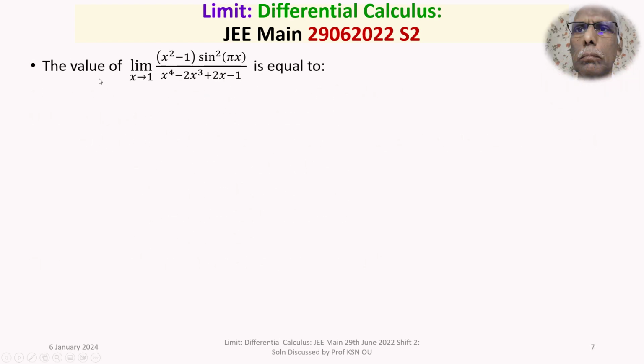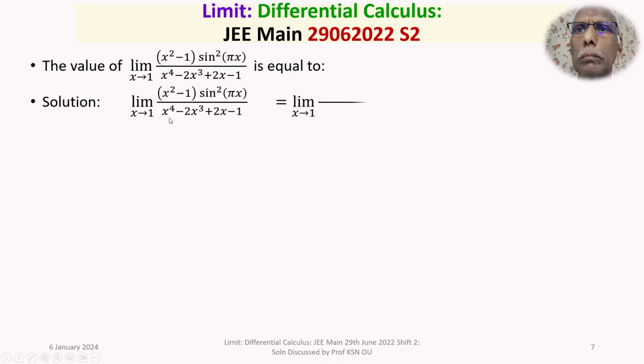We want to find the value of the limit of this function, which is equal to the limit as x tends to 1 of the numerator (x plus 1) into (x minus 1) into sine square pi x, by the denominator, the polynomial of degree 4, whose factorization we have already done: (x plus 1) into (x minus 1) whole cube.